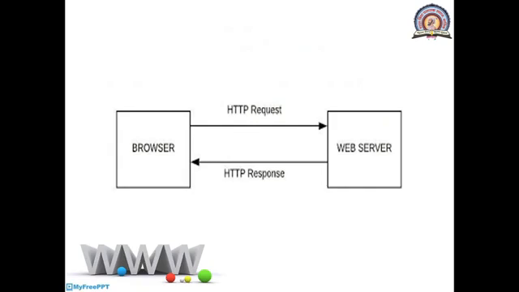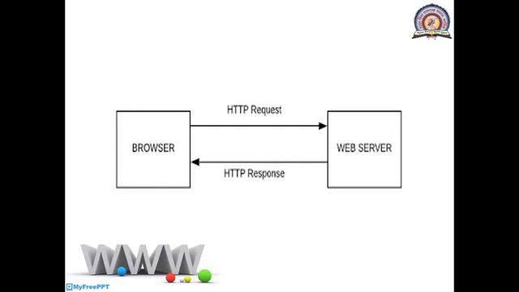Now, as we have seen, whenever any client has to access information from the web server, it uses the web browser, and through the web browser it can interact with the web server. Now, this client and server communicate with each other. So for example, students, whenever two people want to communicate with each other, they have to follow some rules for communication.